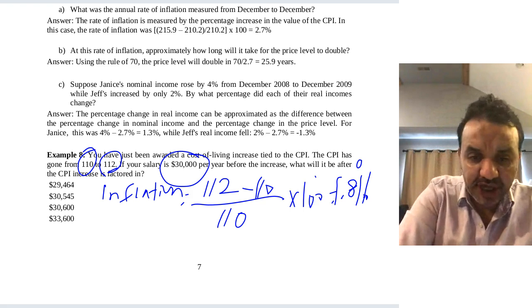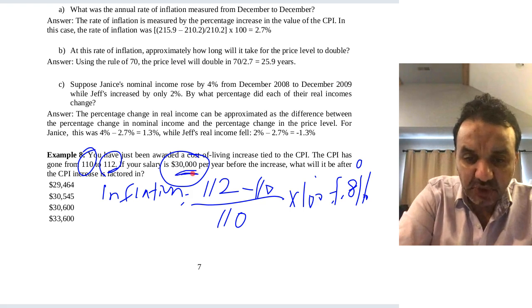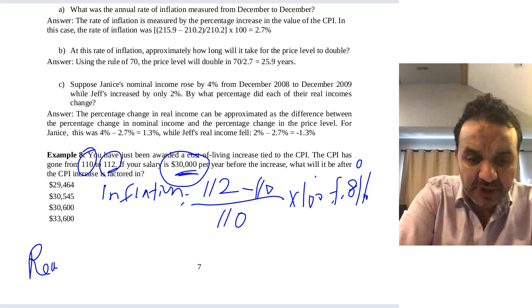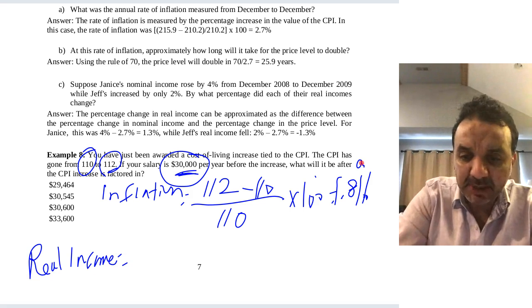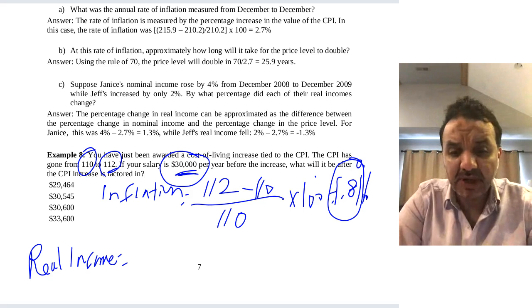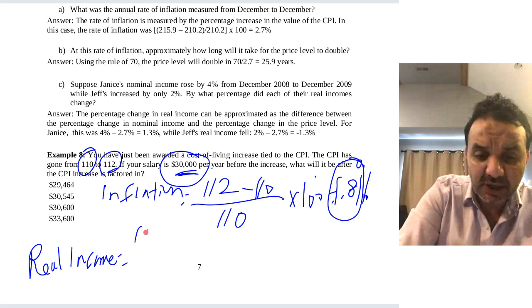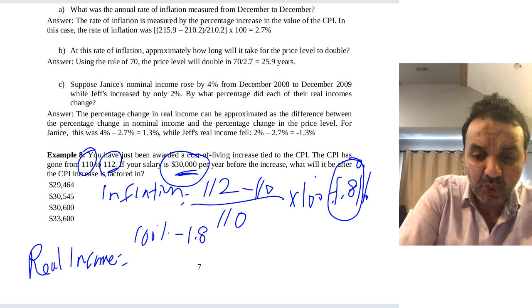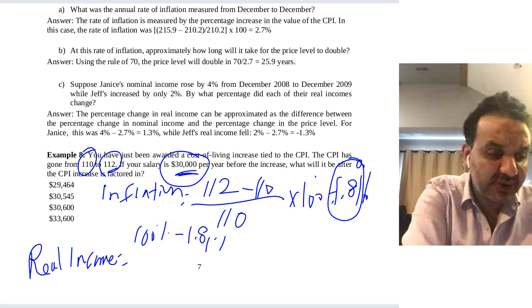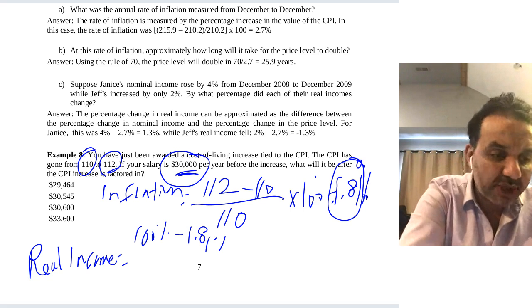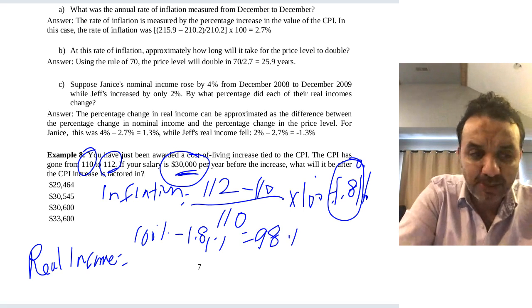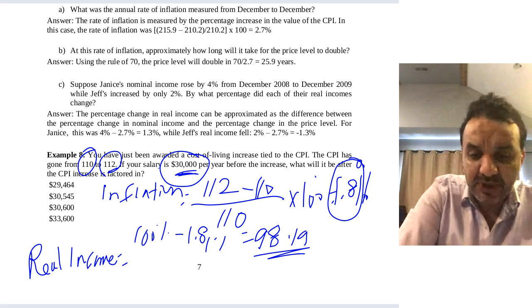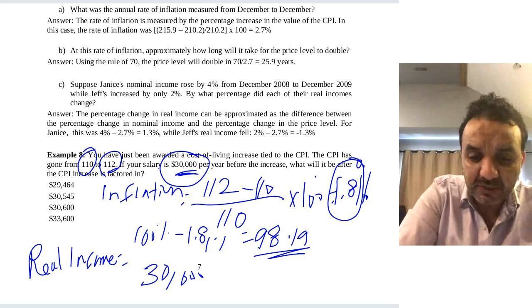Okay, so now the question is asking about your real income. Actually, real income will decline by this number, which means let's take 100% minus 1.81%. So 100 minus 1.81 equals 98.19. So your real income will be 30,000 times 98.19%.